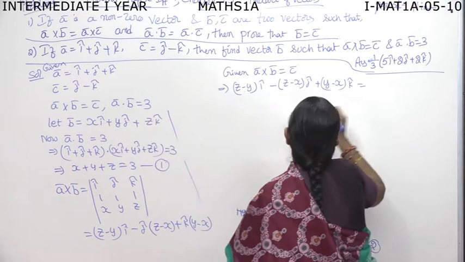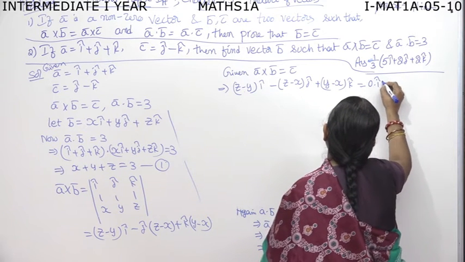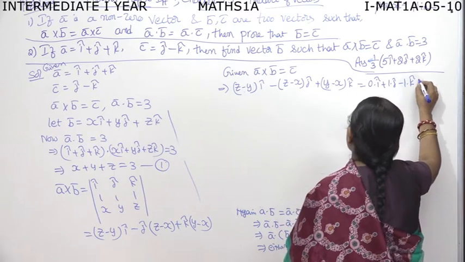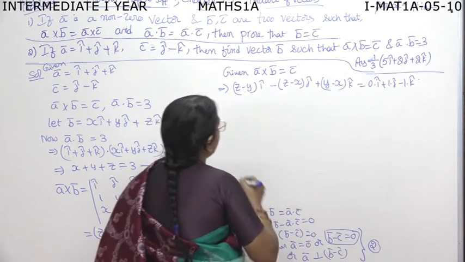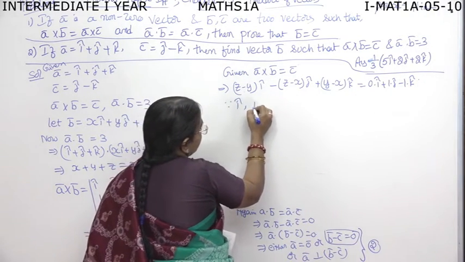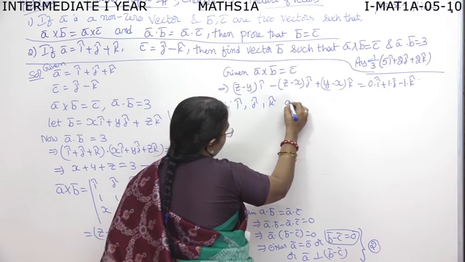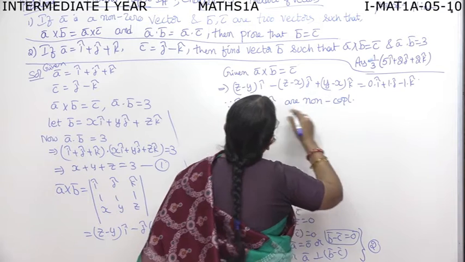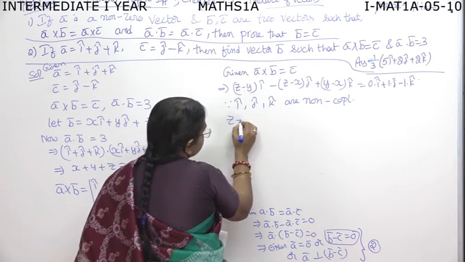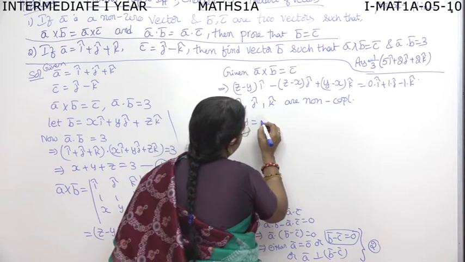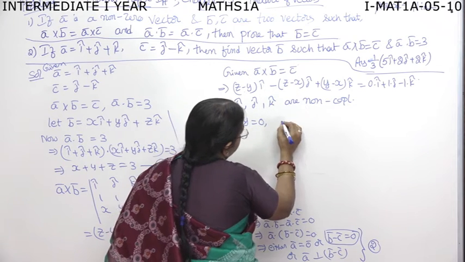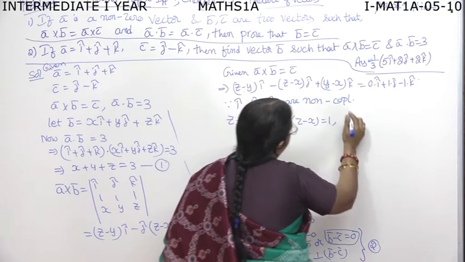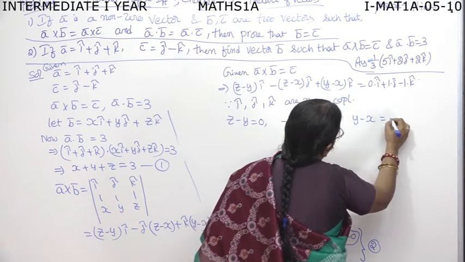What is c? c is j minus k, that means 0i plus 1 into j minus 1 into k. Now these i, j, k are non-coplanar vectors. Since i, j, k are non-coplanar, you can equate the corresponding coefficients of i, j, k. So that means z minus y is equal to 0, then minus of (z minus x) is 1, and y minus x is equal to minus 1.